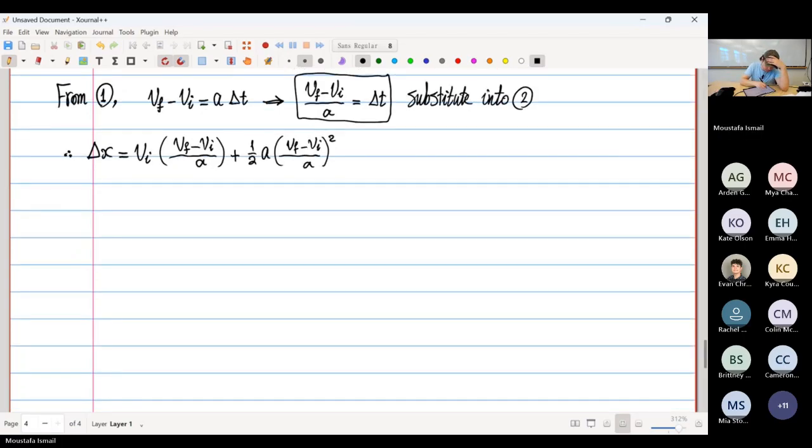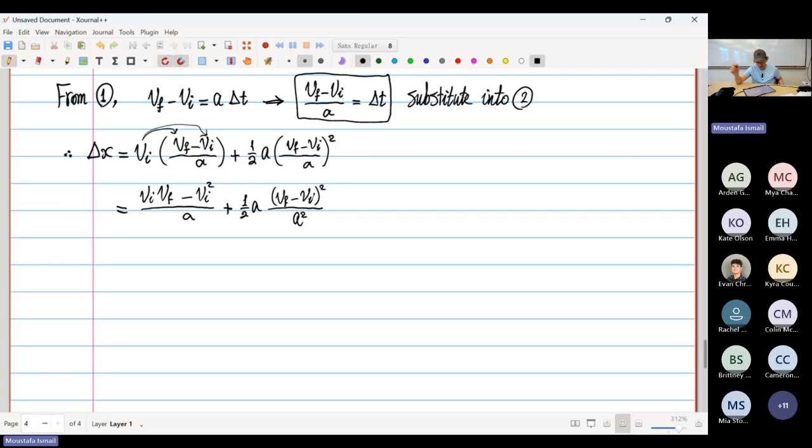So I can distribute this Vi inside. So that becomes Vi Vf minus Vi squared divided by A. That's the first term. The second term is something squared. So when you have a fraction squared, you square the numerator and the denominator. So we get half A times V final minus V initial squared upstairs, and then A squared downstairs.